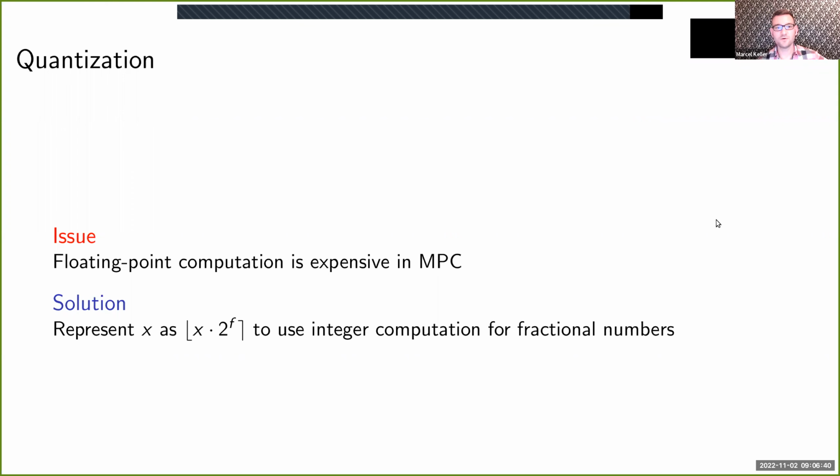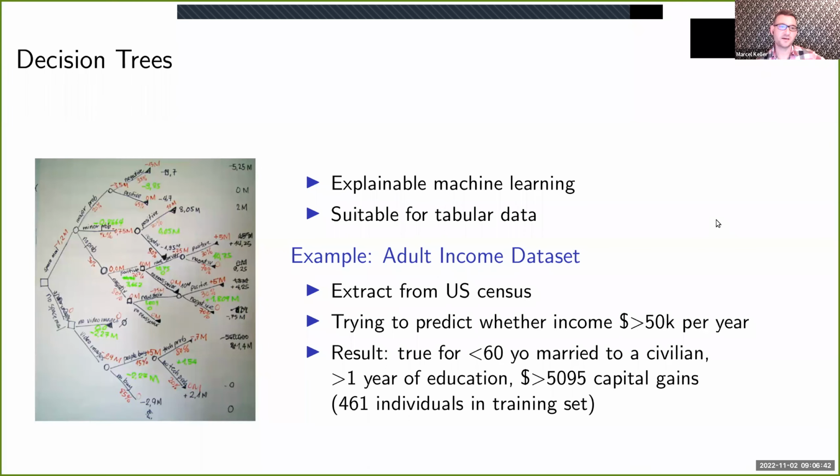Okay, so I want to talk about two applications. The first one is decision trees, which is what I'm working on right now. And decision trees are an interesting kind of machine learning, because they actually explain what's going on.